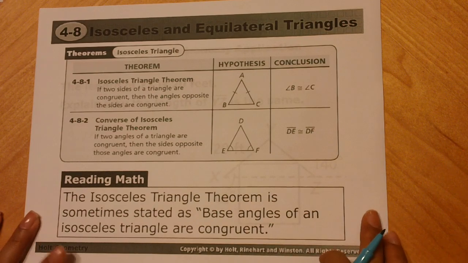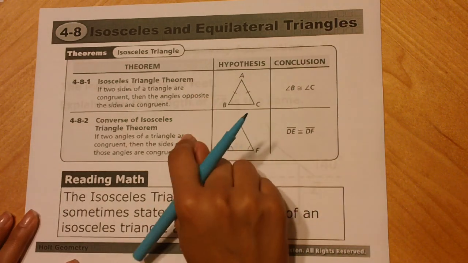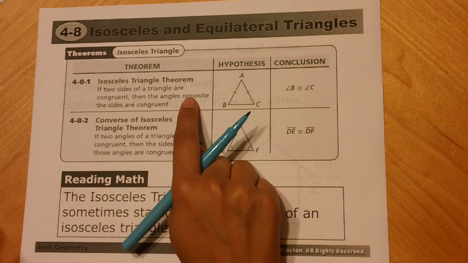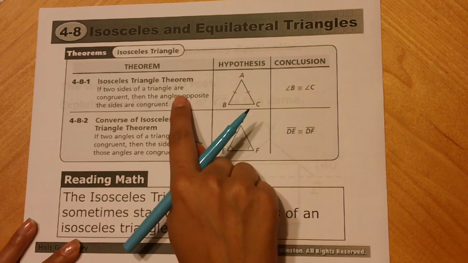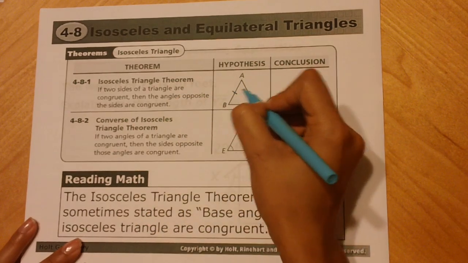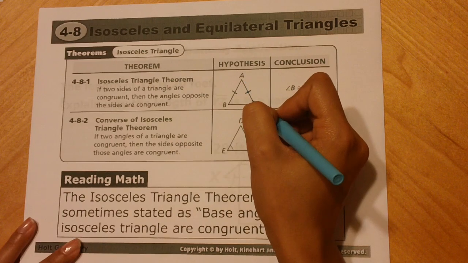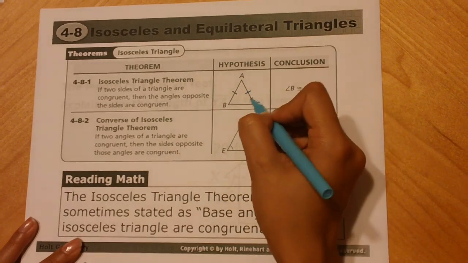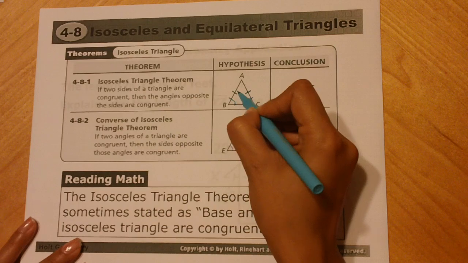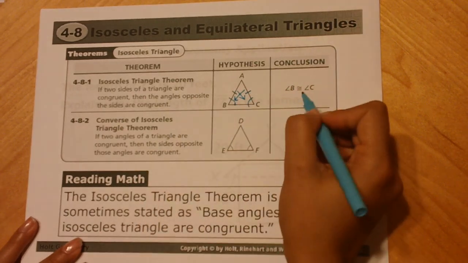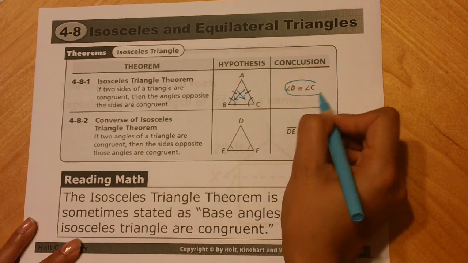Alright, so here's your first isosceles triangle theorem. And these are, one is the converse of the other, so it's the flip or the backwards of the first one. So this first theorem, the isosceles triangle theorem, says that if I have an isosceles triangle where two sides are the same length, then the angles opposite those two sides, or your base angles, are also going to be congruent.